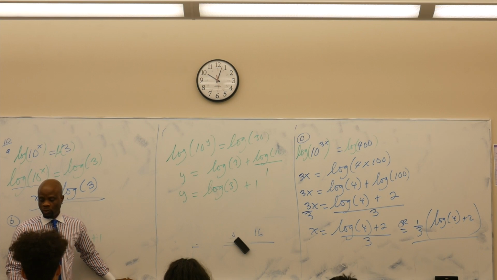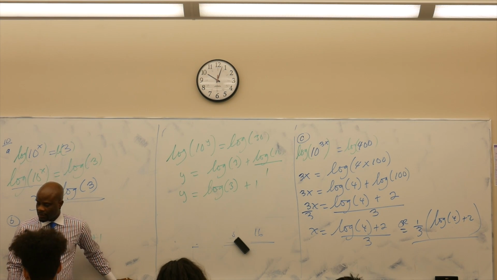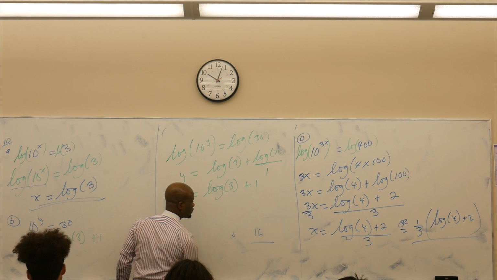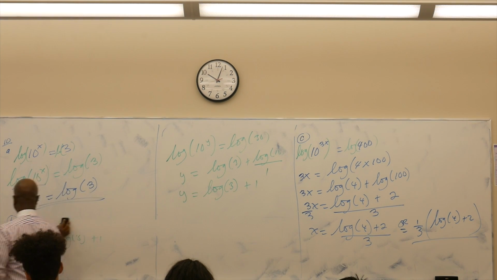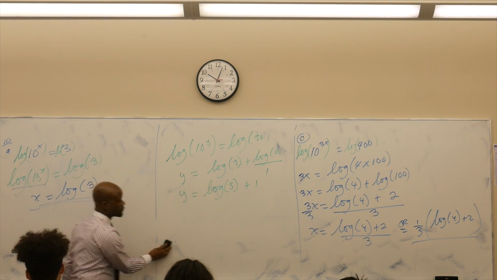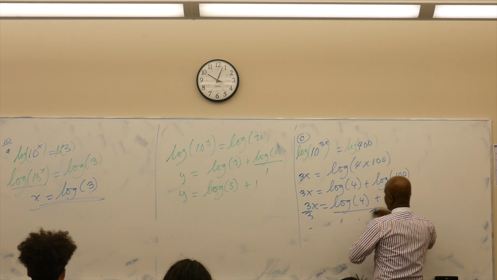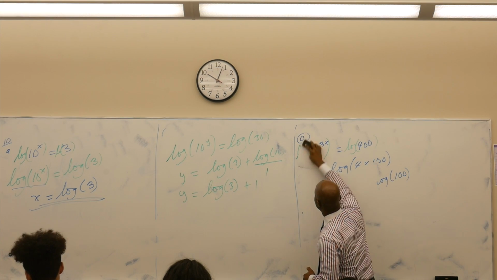So then, when we solve C, C says 10 to the z is 300. So, what do we think C is supposed to be now? How do we solve for C? Anybody? Do we see a pattern here?